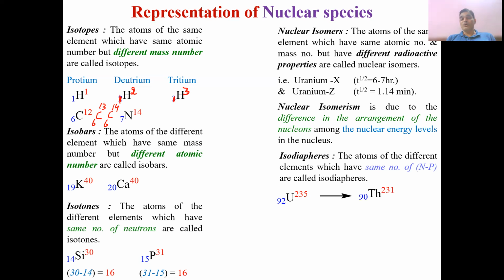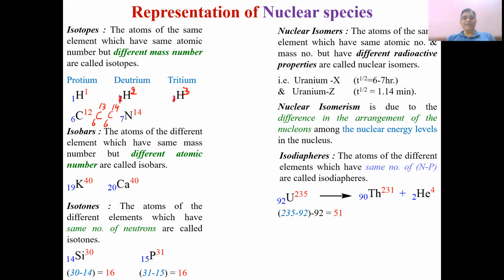If it undergoes disintegration to give thorium, atomic number 90 and mass number 231, with the emission of an alpha particle, that is the helium nucleus, atomic number 2, mass number 4. Now you can see the number of protons, number of neutrons, and the n minus p value.